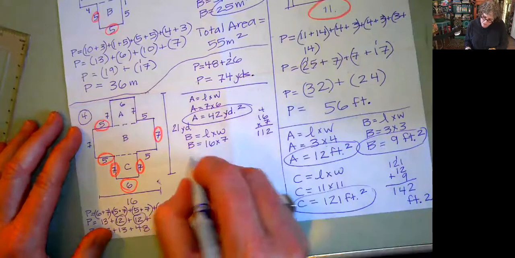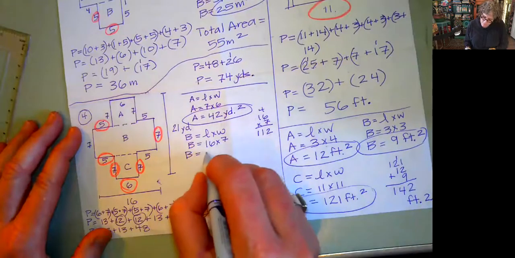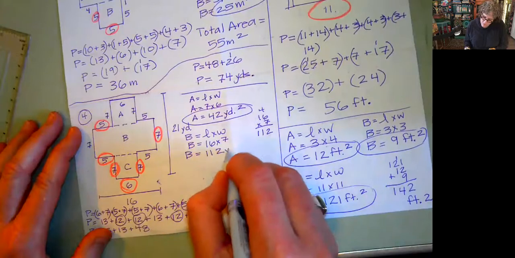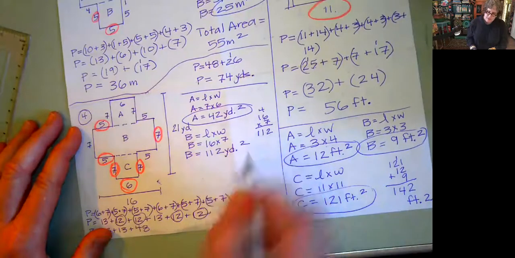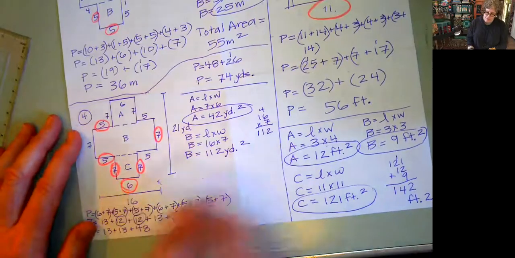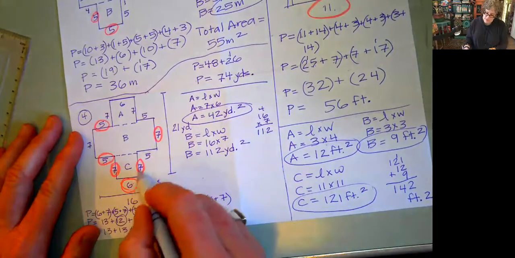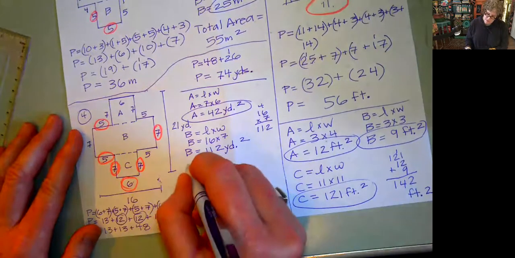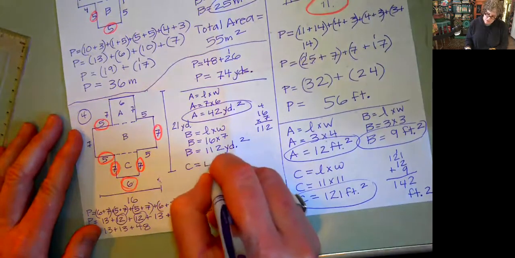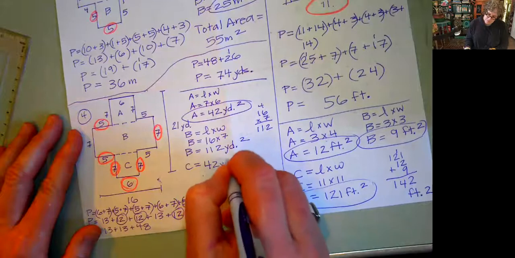So we get 112. And that makes sense because it's a lot bigger, right, than the smaller one. And then this one is going to be the same because it's 7 times 6. So we know that C equals 42 yards squared as well.